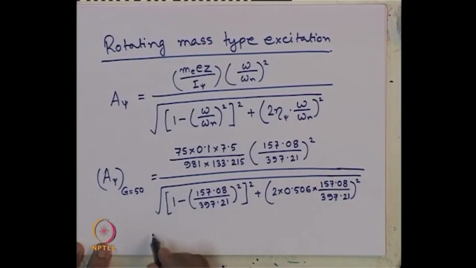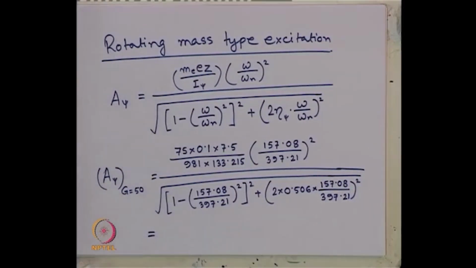Fine. So, let us calculate this. So, the value of A psi for G equals 50 kg force per centimeter square, after calculating it, is coming 7.21 into 10 to the power minus 5 radian.